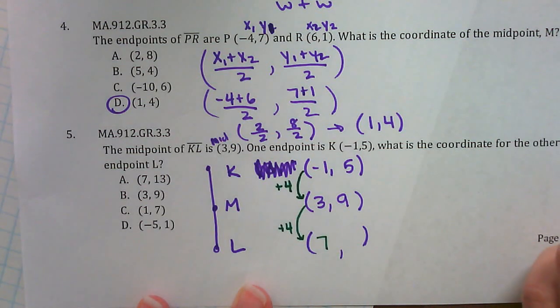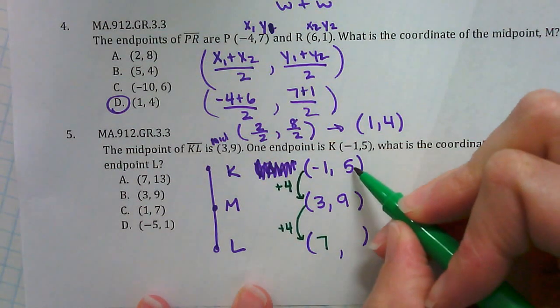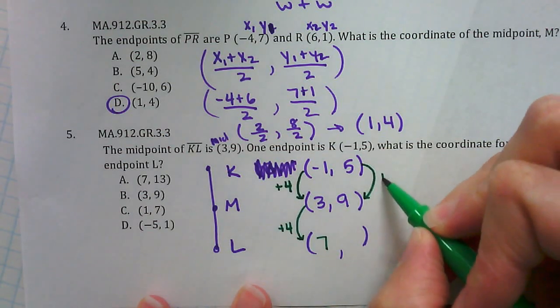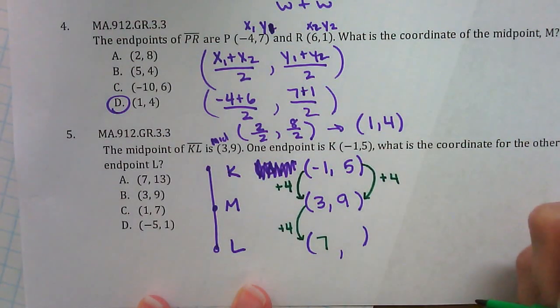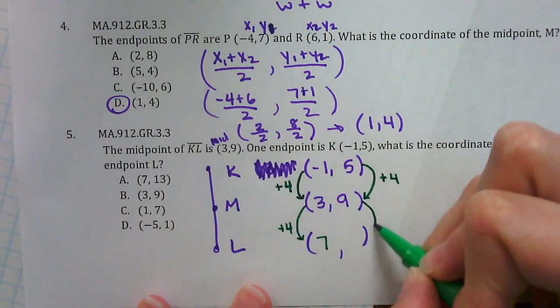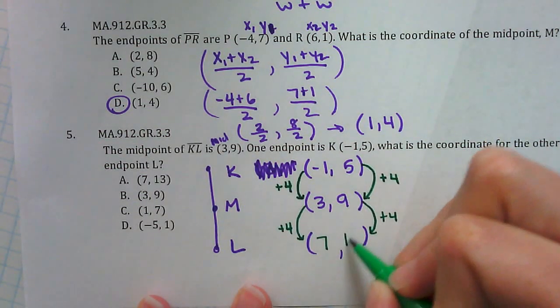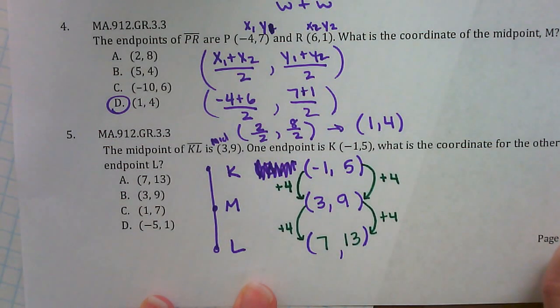That would put me at 7. To move from 5 to 9, I'm increasing by 4. So to move from 9 to the other end, I'd have to increase by 4, and that's going to put me at 13. Okay, that is the easiest way to do this.